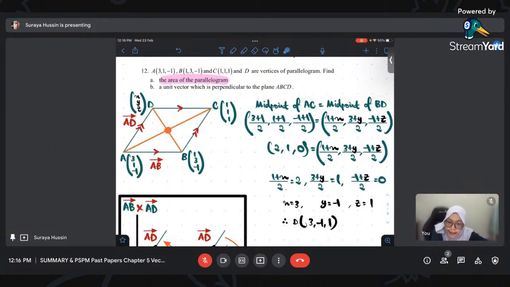It's always like that untuk semua jenis parallelogram. Parallelogram mestilah dia punya midpoint sama. AC midpoint dia sama dengan BD. Okay, you dah faham ya yang ini? Sama untuk semua jenis parallelogram.